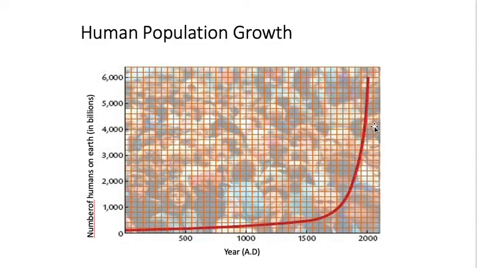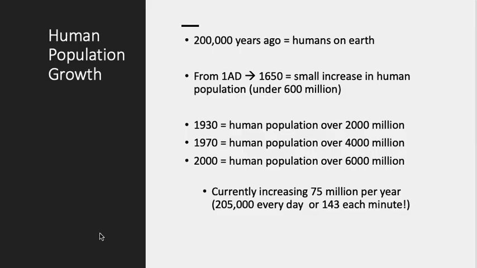So the slope has gone up massively in this curve. I should mention that that's the number of people on Earth in billions there. So to summarize the stats that we see there, around 200,000 years ago, humans first appeared on Earth, or at least that's when we believe they first appeared on Earth.